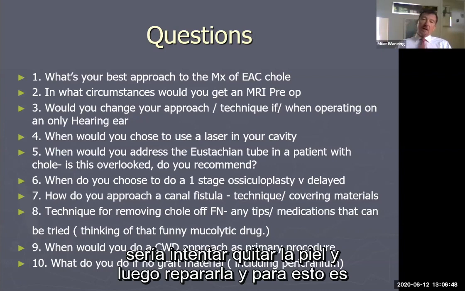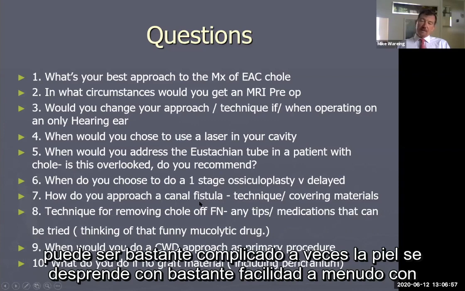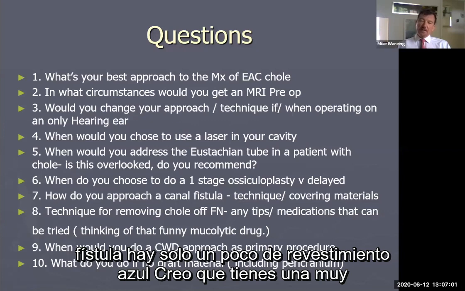Most of the time, I would be attempting to take the skin off and then repairing it. And for this, it can be quite tricky. Sometimes the skin comes off quite easily. Often with a fistula, there's just a little bit of blue lining.